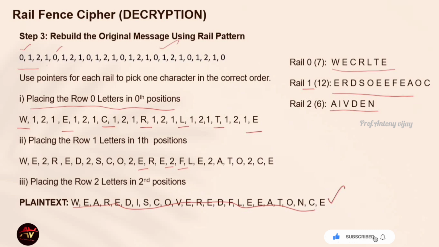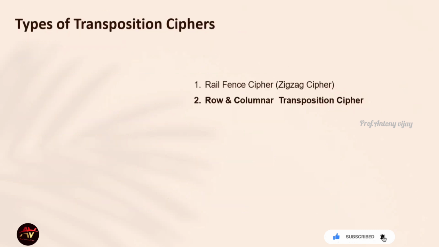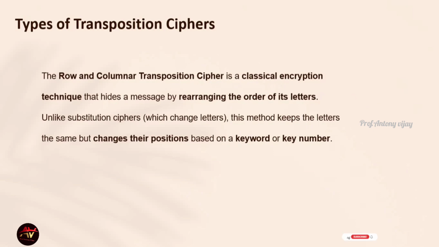Let's see the next topic, Row and Columnar Transposition Cipher. This cipher is based on a classical encryption technique, which hides the message by just rearranging the order of letters. It will not replace any of the content. It just changes their positions based on the keyword, or key numbers.